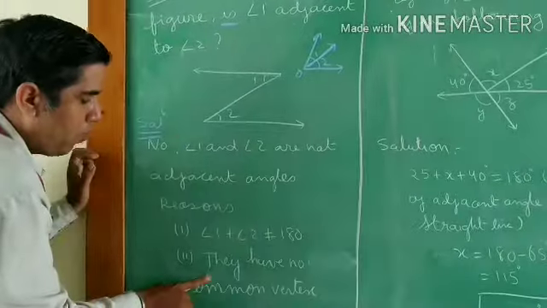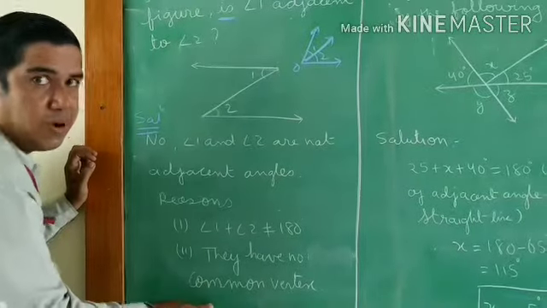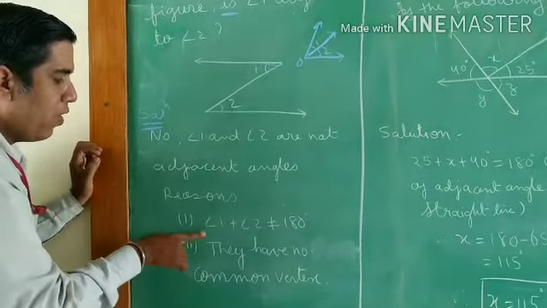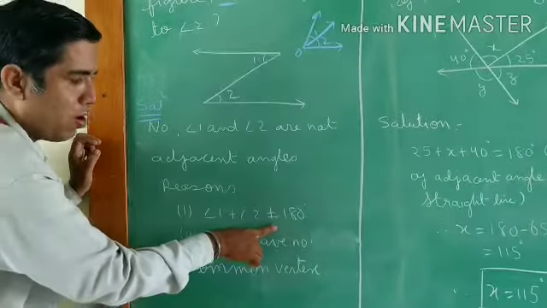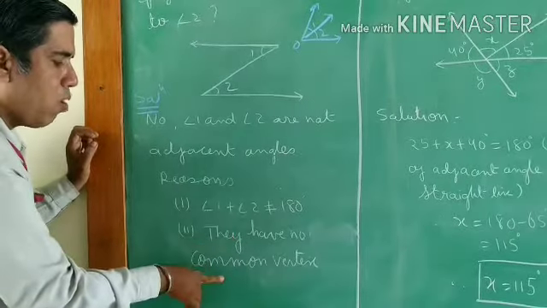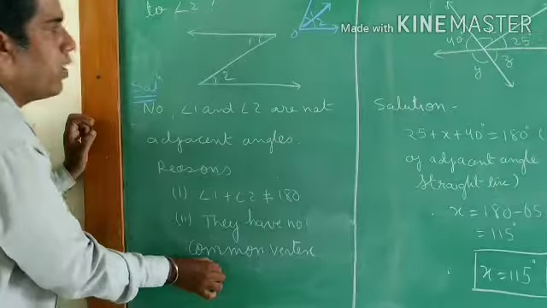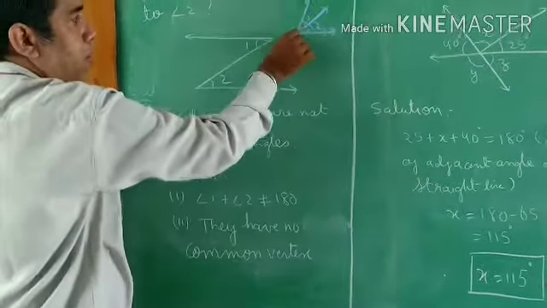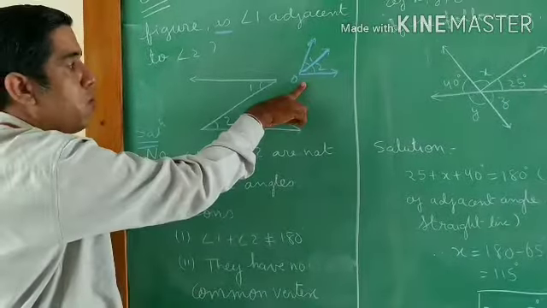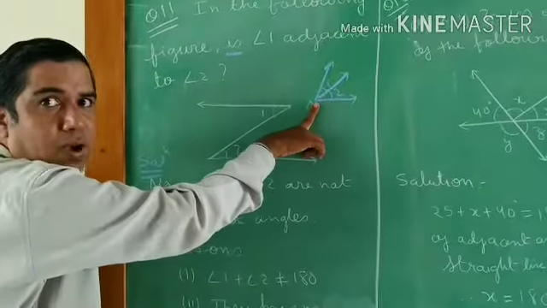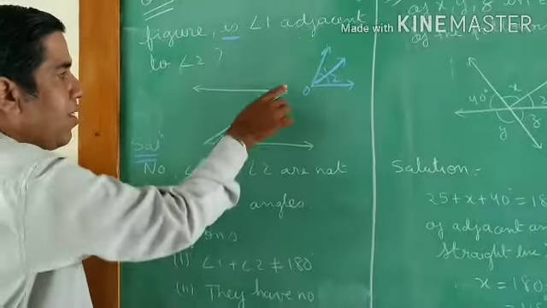So the first reason is angle 1 plus angle 2 is not equal to 180, and they have no common vertex. This is the main point. You can compare with the diagram of adjacent angles easily.